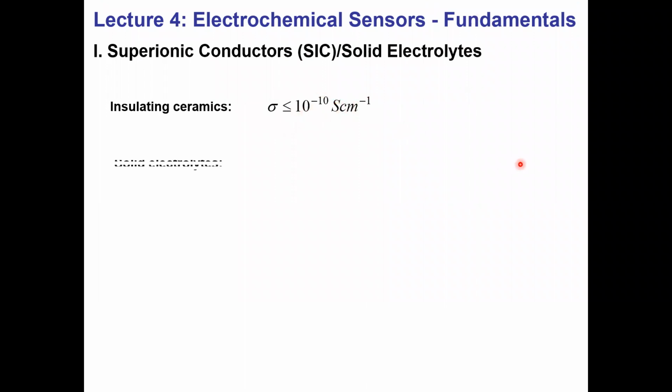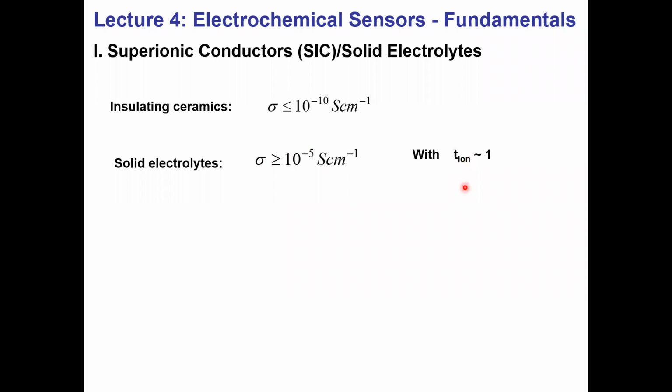Conductivity is very low in typical insulating ceramics. The solid electrolytes have conductivity exceeding 10 to the negative 5 with an ionic transference number.